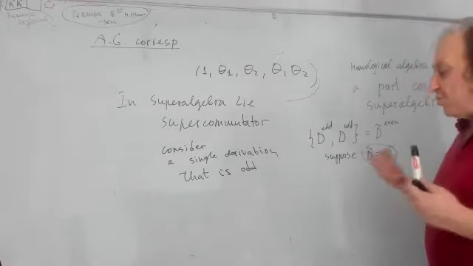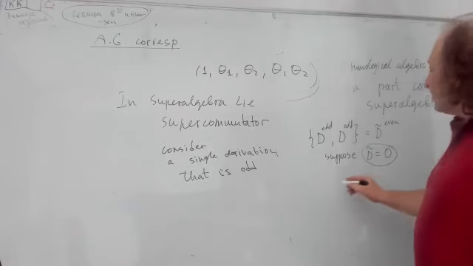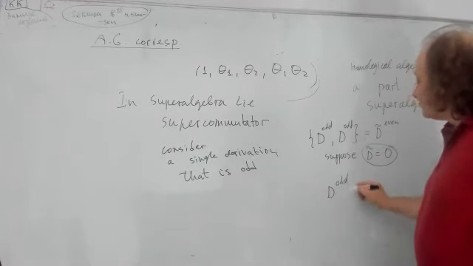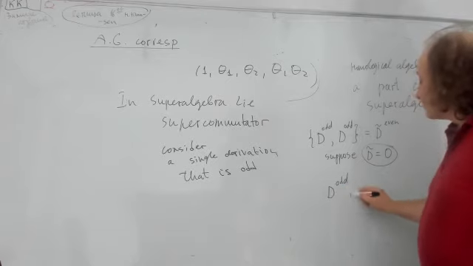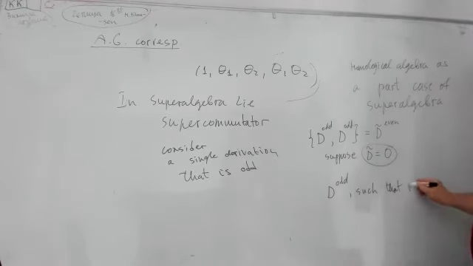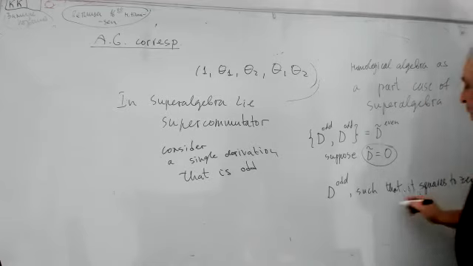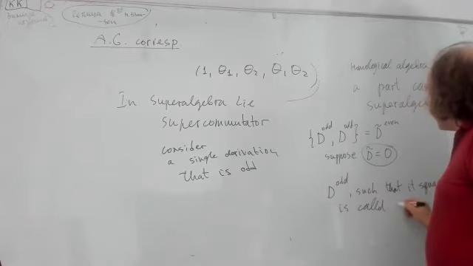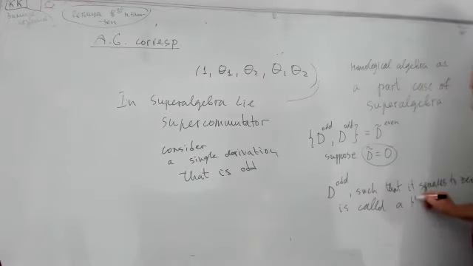So then we are coming to the very fundamental notion of D odd such that it squares to 0, is called a homological vector field.